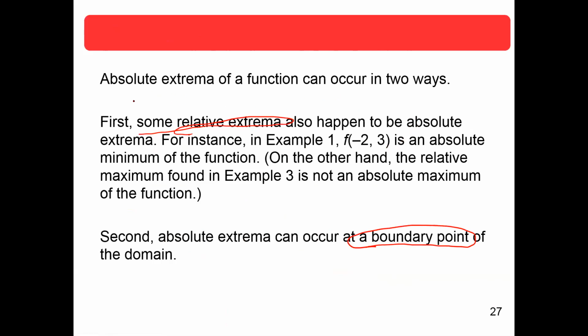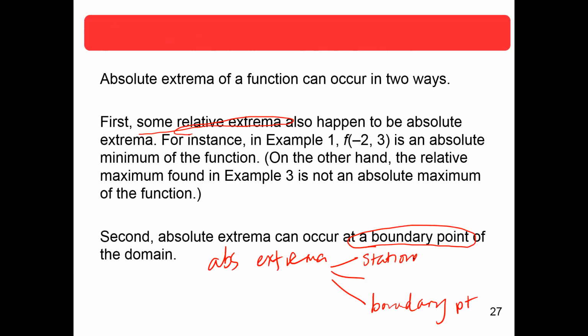So in general, when you look at absolute extrema, we can just put this in short. Absolute extrema can occur at boundary points, right? It can be occurring at the relative extrema, which is referring to stationary point or singular point.